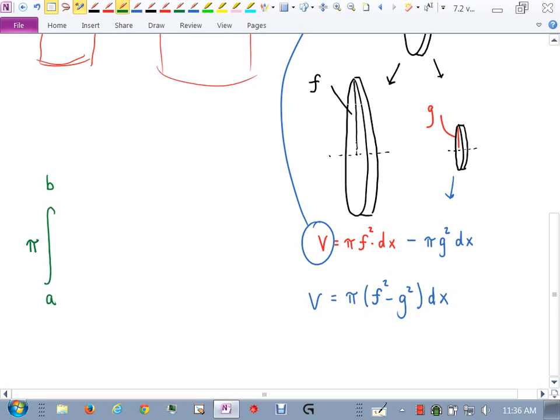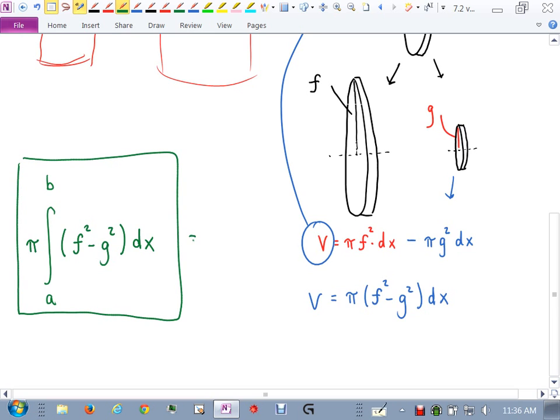So pi, and then it'll always be your f function squared minus the g function squared dx. That's our total volume right there. I just don't want it to be mixed up with the volume of that little piece there. Does that geometric construction make sense? Yeah?